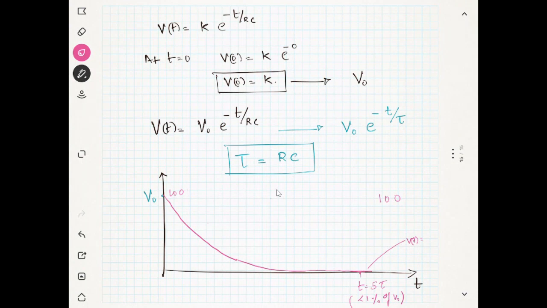You understood? It's very small. I told you always about time t equal to tau, what will be the value? At time t equal to tau, the value is 0.368 V0.